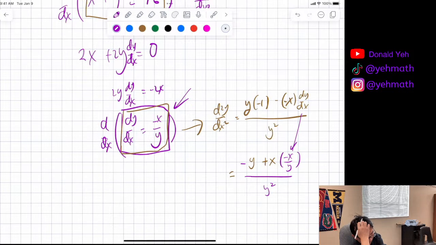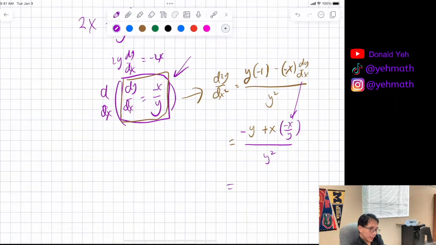Sorry, I'm not feeling well right now. That's going to be negative y minus x squared over y squared, right? Now remember I told you a trick to get rid of a complex fraction: multiply the denominator top and bottom by y.